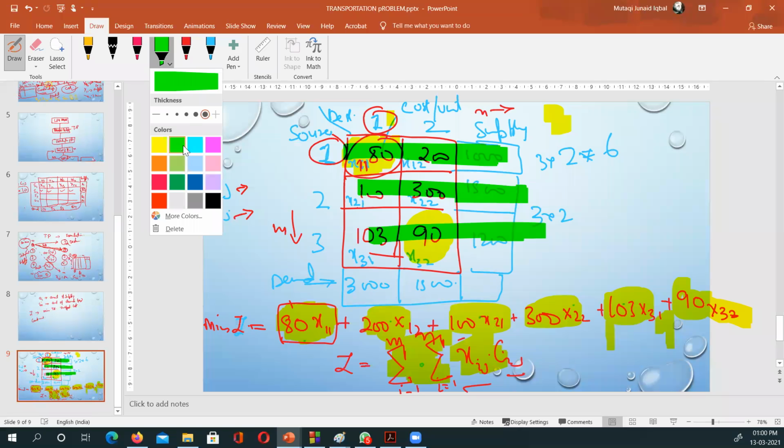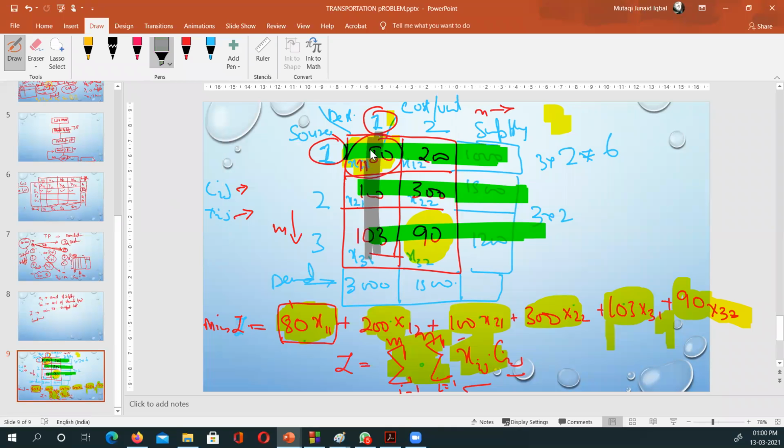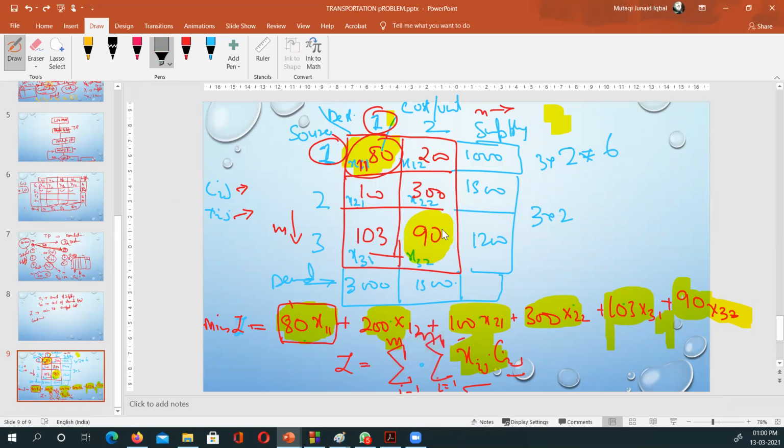And if I go the other way around, for example this one, it is a demand constraint.